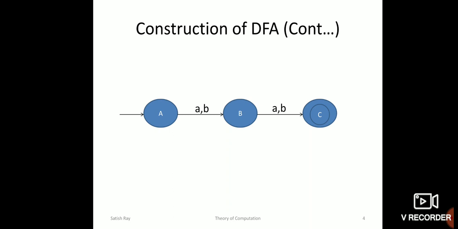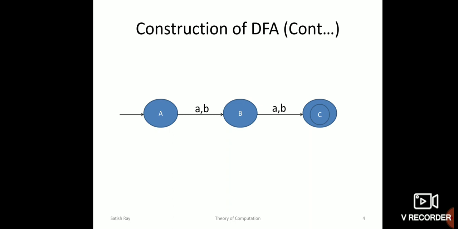We are taking the first input string, that is AA. So we will check for it. From initial state A, on input small a, the next state will be B. From state B, on input small a, the next state will be C, and C is a final state. So our first input string is going to be accepted.